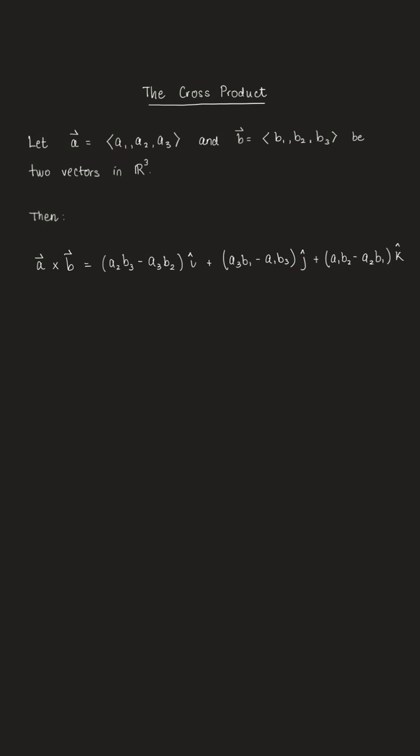This is our definition of the cross product that is denoted by A with the multiplication symbol, A cross B. Notice that this result is a vector with three components. This is written in component form.